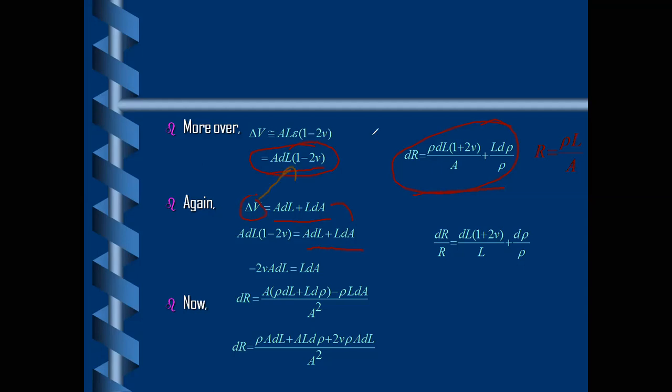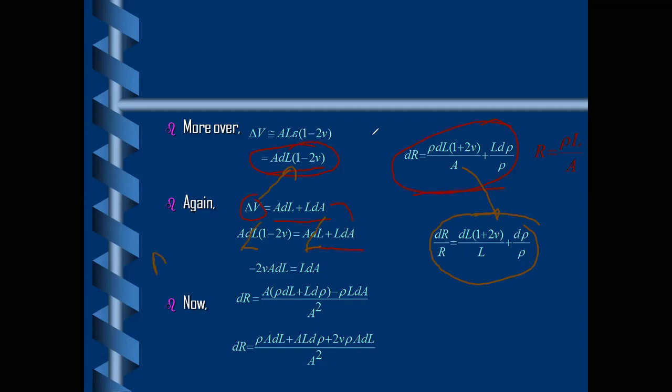So delta V has been replaced by A dL (1 minus 2 mu), and further classification of this particular terminology has been carried over in the following step. So if you try to place the value A dL and multiply this one, these terminologies will get cancelled.